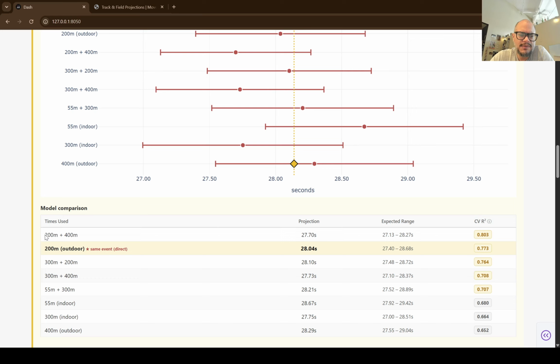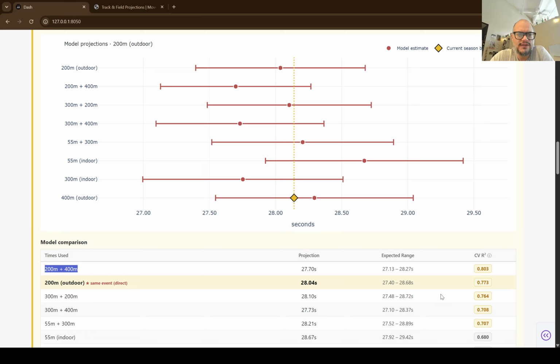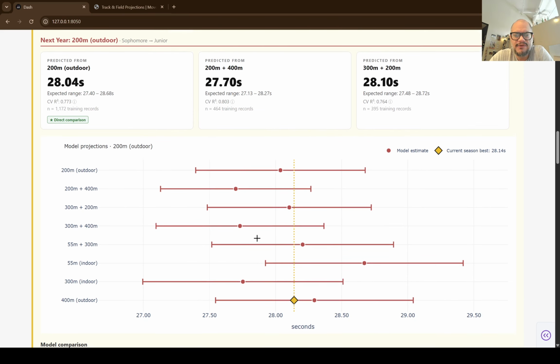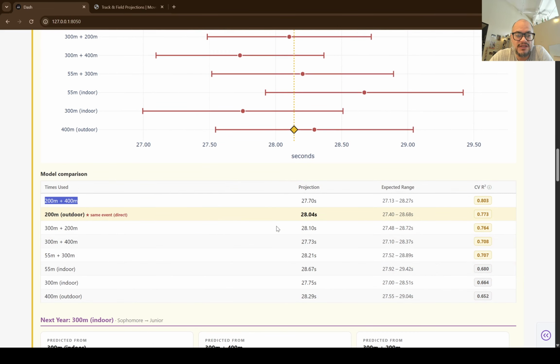And we see that probably this combination of 200, 400 may give us a little bit more of an informed performance for what the next year, their junior year, could be. From here we have an estimate of 27.7 seconds for their 200. Similar with the 300 and 400. So we can see that the 400 meters may even be a little bit better than what we anticipate from their 200, suggesting that they may be able to run a little faster in the 200 meters outdoor.